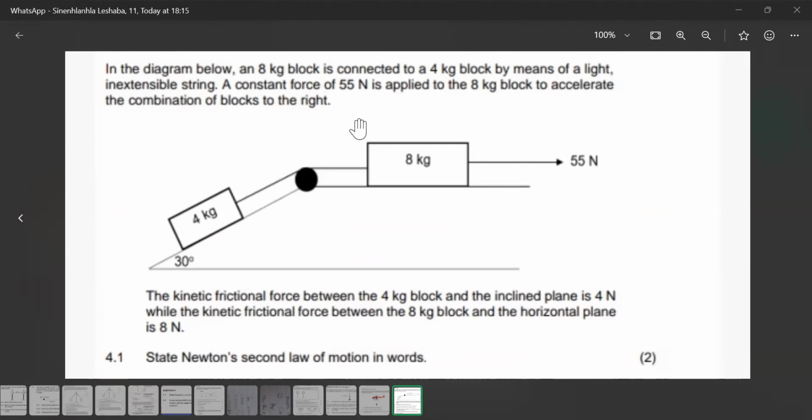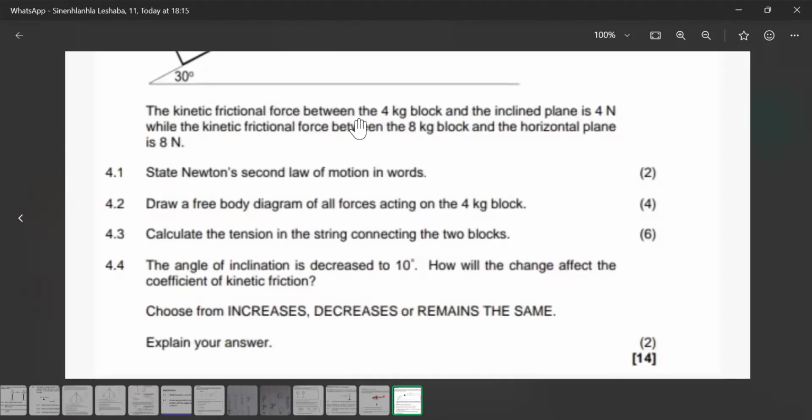If the angle of the incline is decreased, then you should know that the normal force is going to increase. And if the normal force increases, then the kinetic frictional force or even the static will increase as well. But the coefficient of kinetic friction remains unchanged.